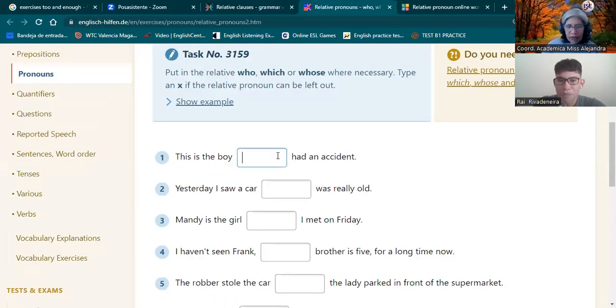This is the boy who had an accident. One more. This is the boy who. Yesterday I saw a car which was really old. Which or that?